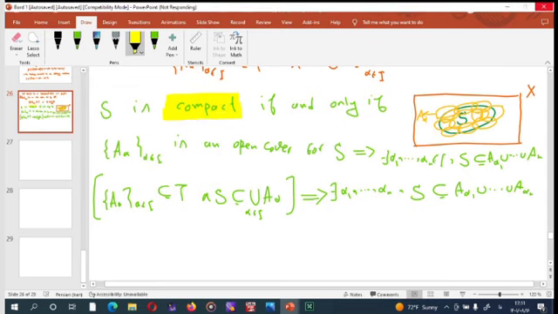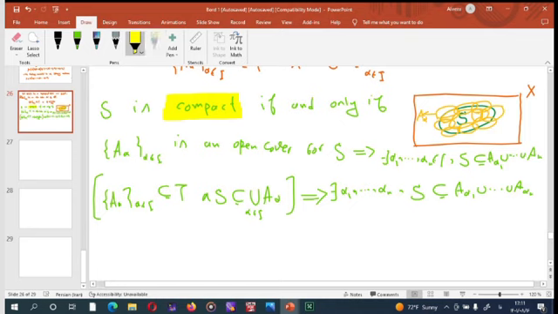And this is very important: S is compact if and only if each open cover for S has a finite subcover. This is called a subcover of this cover.